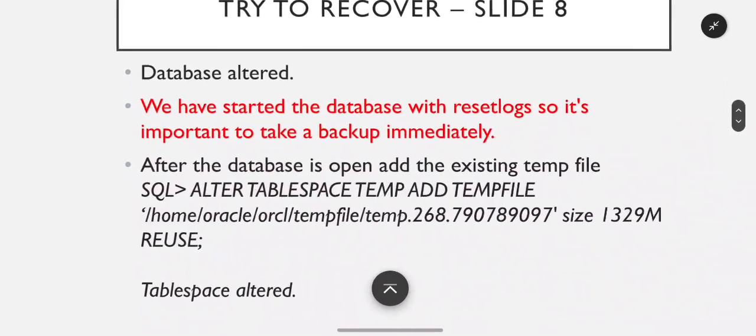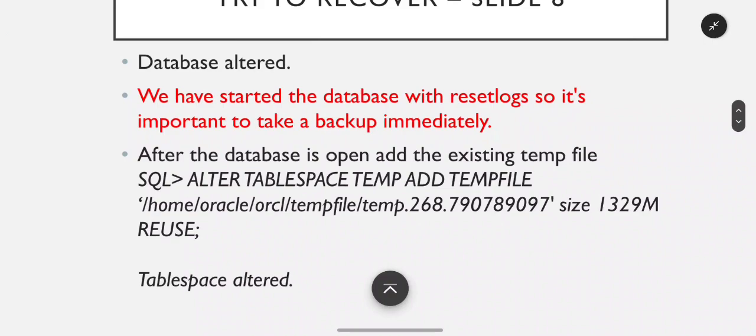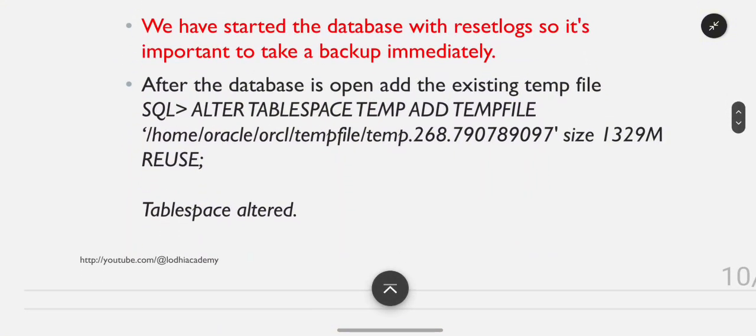Database altered. We have started the database with resetlogs, so it's important to take a backup immediately, just for the safe side. After the database is open, add the existing temp file: alter tablespace temp add tempfile, mention folder name, temp file name, anything, size, then reuse.